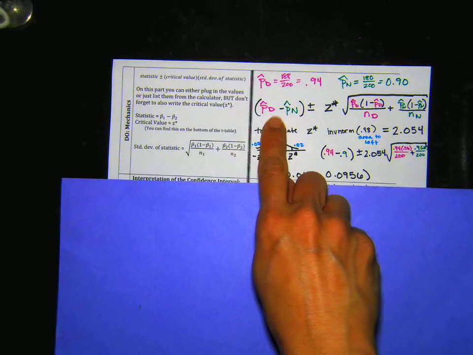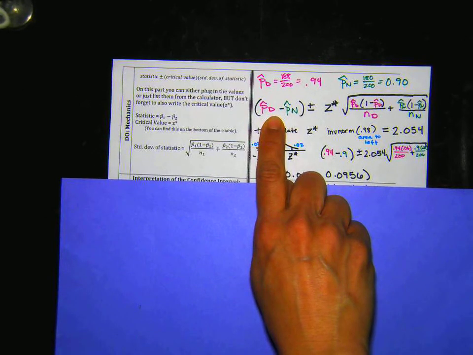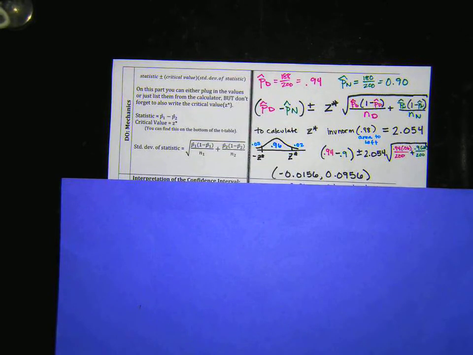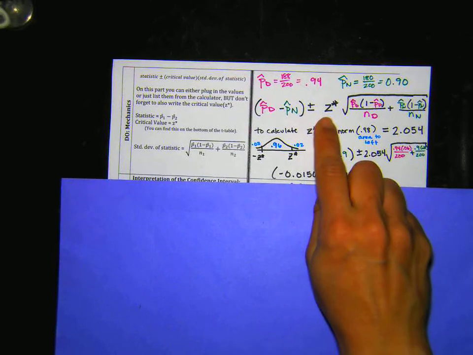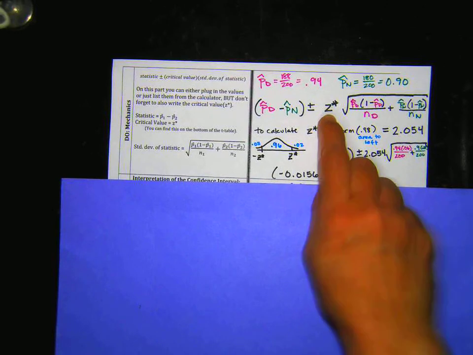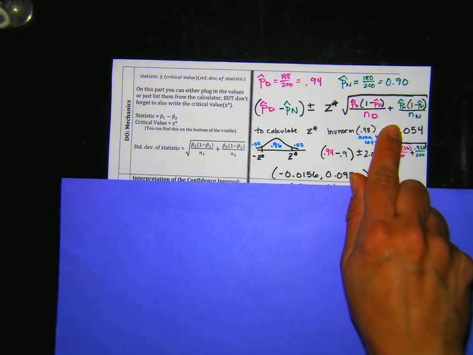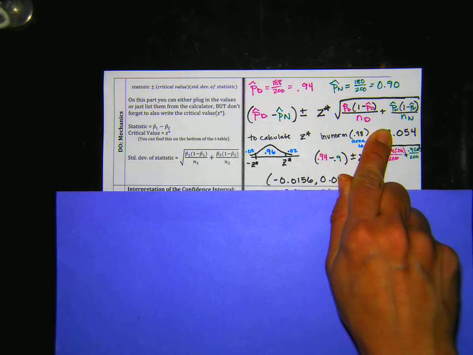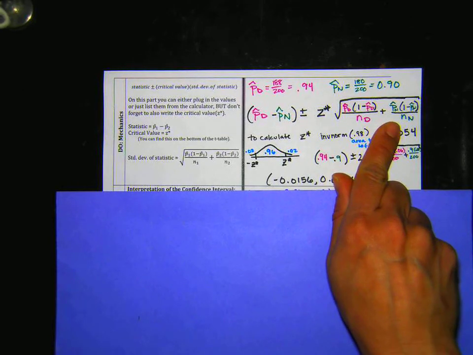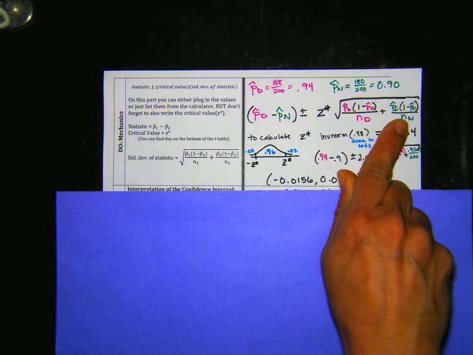You have to know that your statistic is the difference of the two sample proportions. Then you have to know that because you're working with categorical data, your critical value is a z-star. And then you have to know that because you are constructing a confidence interval, you have to use p-hats for your standard deviation. We do not know what the population proportions are.